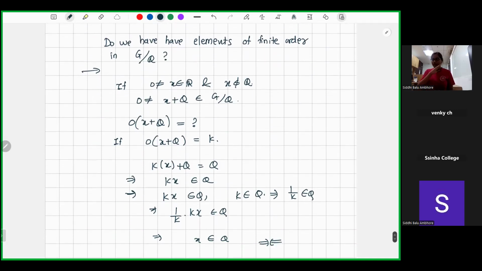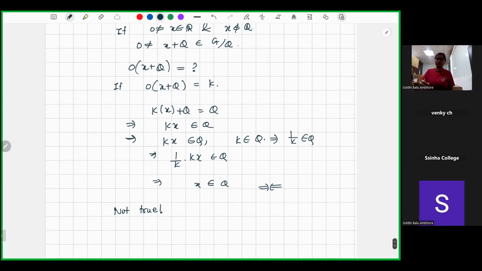But every non-zero element in G quotient Q has infinite order because of this. Infinite order means for any n, nx can never be in my set Q. Is this clear?